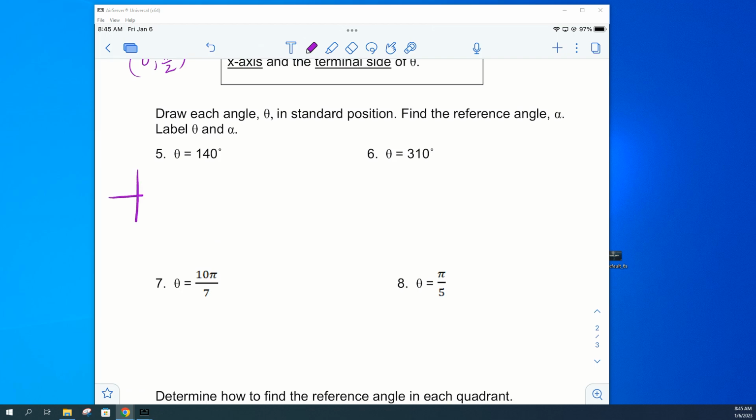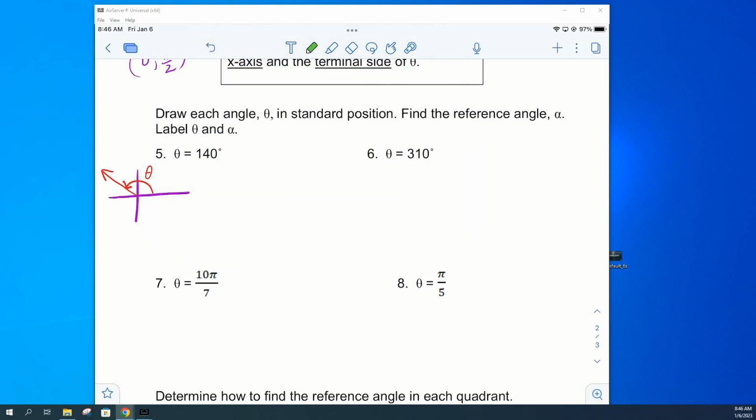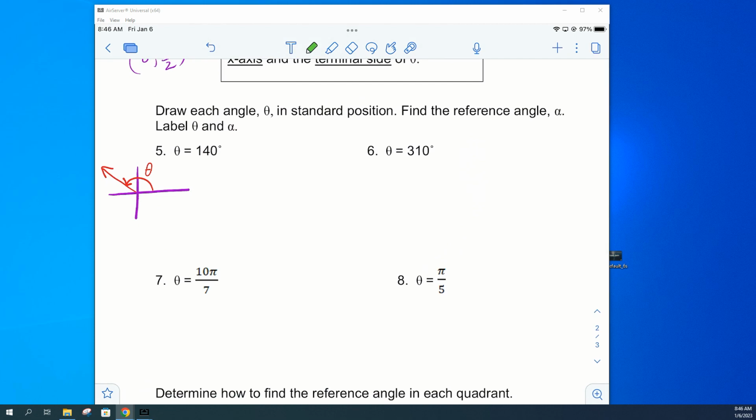Okay, 140 degrees. Where would that be? Well, not that you have to be super accurate, but it's somewhere over here, like that. And this is your theta. Okay, so that's my standard position of my angle. Now let's think about where the reference angle is. The reference angle, notice what it says. You go from the terminal side of theta, terminal side of your angle, to the x-axis.